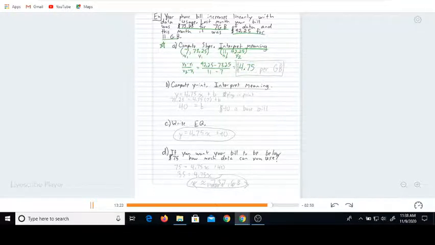I want you to understand and comprehend what it represents. So when you say the slope is 4.75, that's the rate. Remember, the slope represents rate of change. So you're basically saying it's $4.75 per gigabyte. That's what we just figured out. It's $4.75 for every 1 gigabyte. And that's a pretty normal rate, at least according to Google.